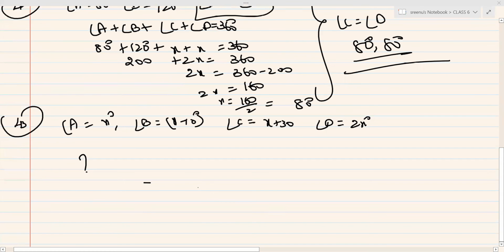Just add the angles, and the total will be 360 degrees.